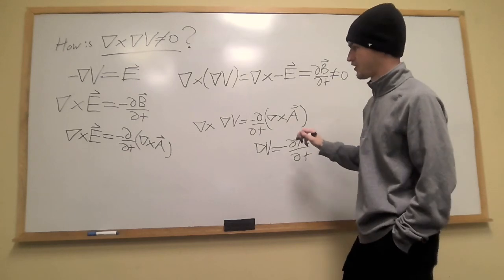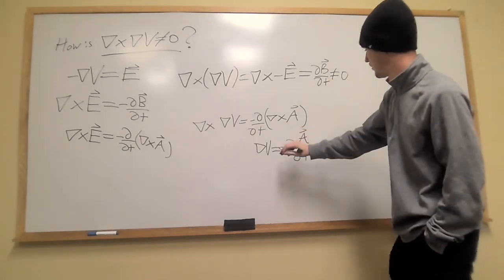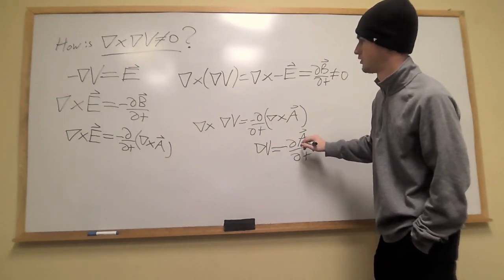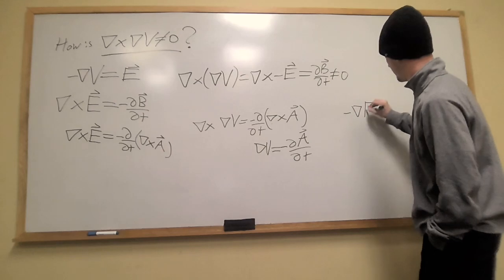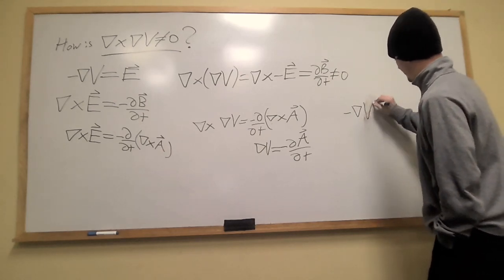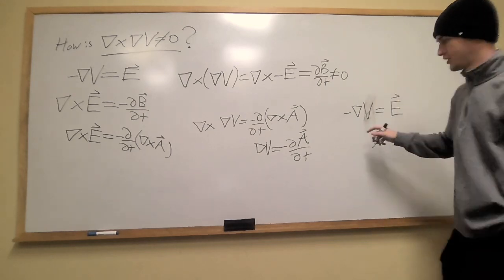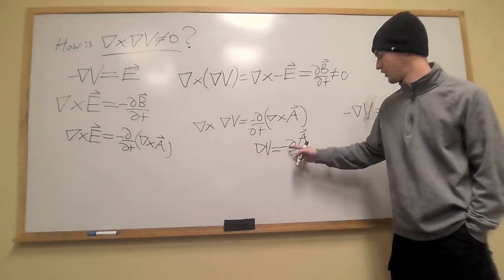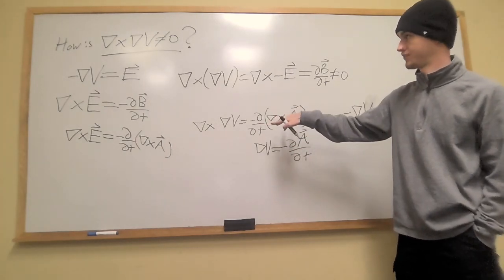So this would give us that we add this to our original equation, minus gradient V equals E. Well, we have that gradient of V also equals minus partial A partial t via this definition.